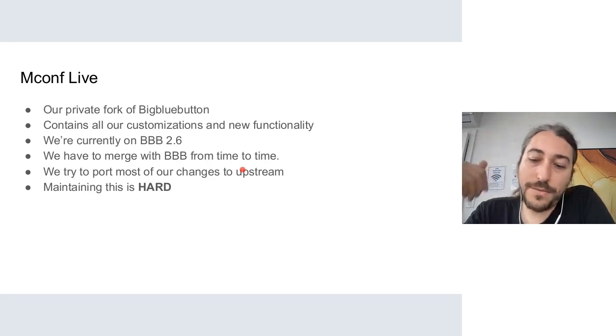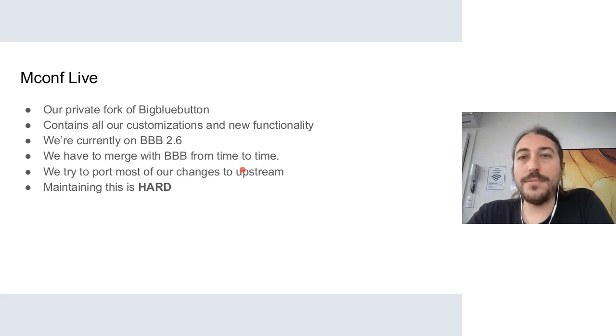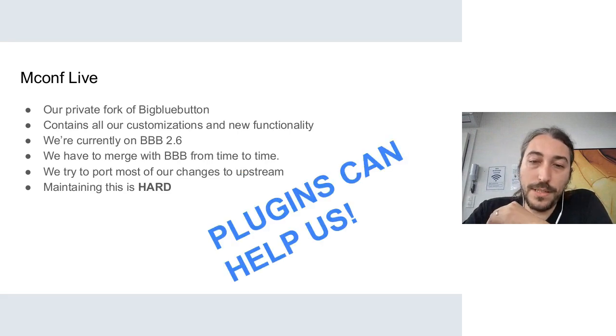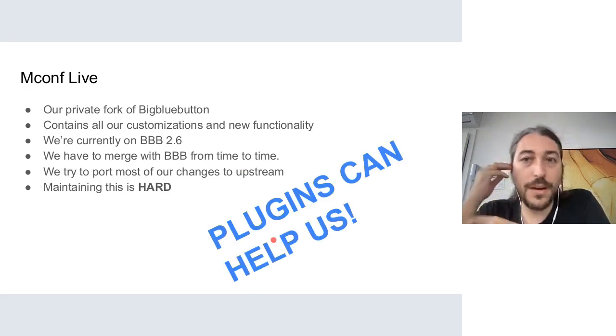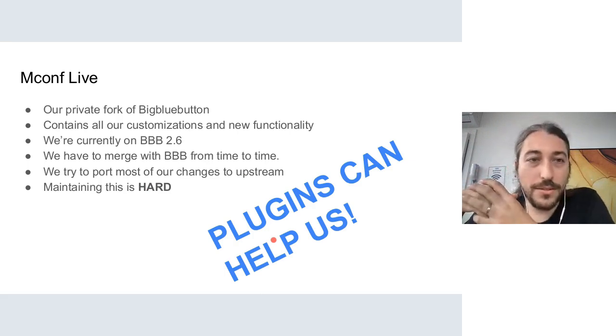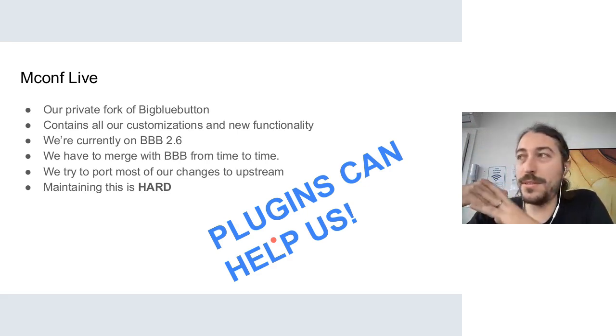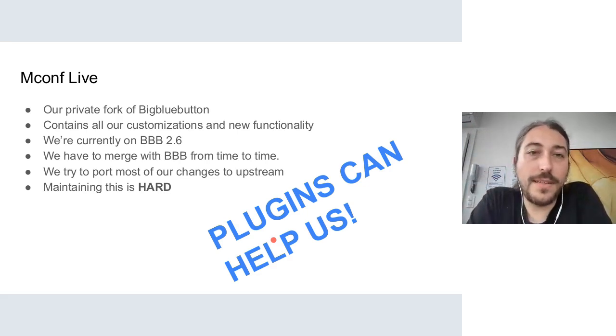But the trouble we have is that doing this is actually pretty hard because we have to be constantly juggling the merges and the inconsistencies that we introduced by doing this. So the idea is that plugins can help us with that. This is something that we've been pushing to find a way of getting into core for a while, so it's pretty nice that we finally have something like this.